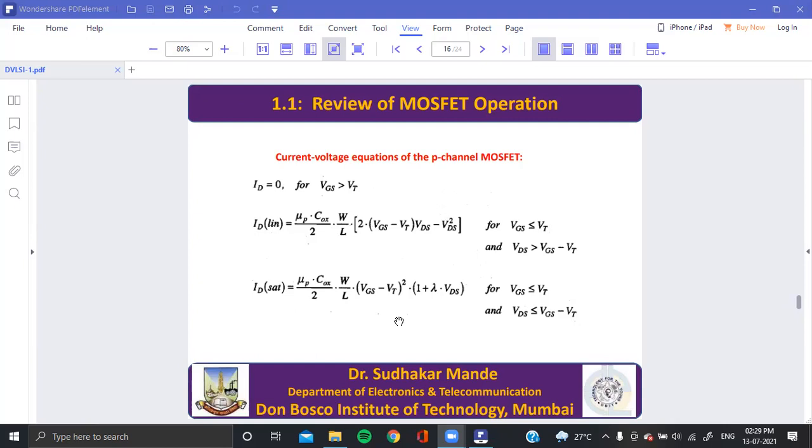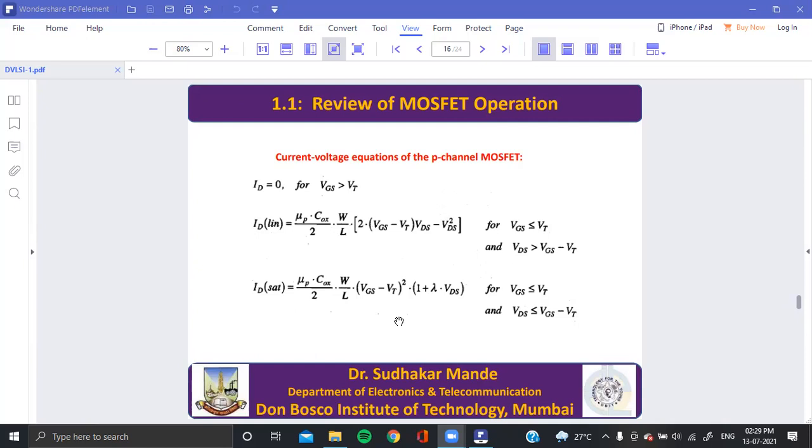One is the cutoff region. When gate to source voltage is less than threshold voltage, no current flows, because there is no inversion layer. When VGS is greater than VT, an inversion layer is formed just below the oxide, which connects source and drain together.